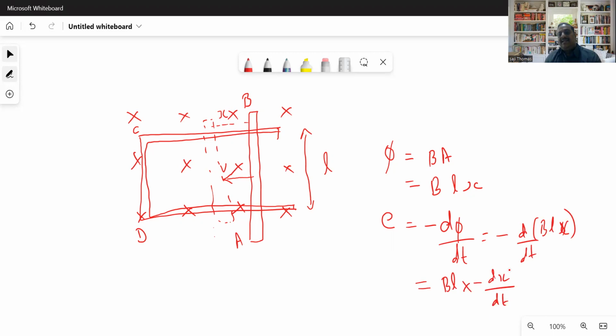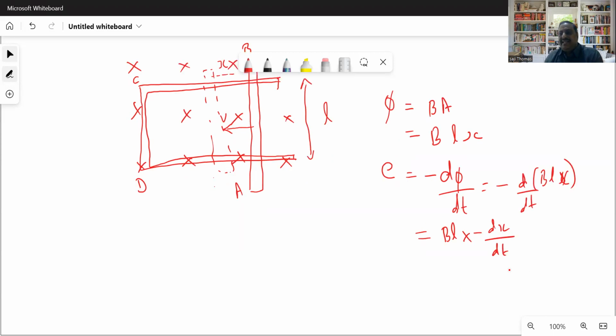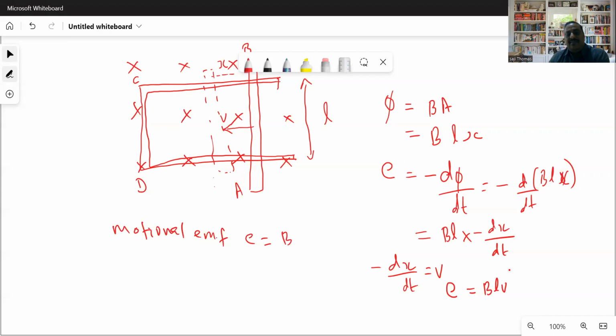But dx by dt is velocity, so we put dx by dt as velocity. Why this minus sign? We already discussed: induced EMF has an opposing nature, that is why the minus is coming. So E is equal to BLV. This is the equation for the motional EMF.